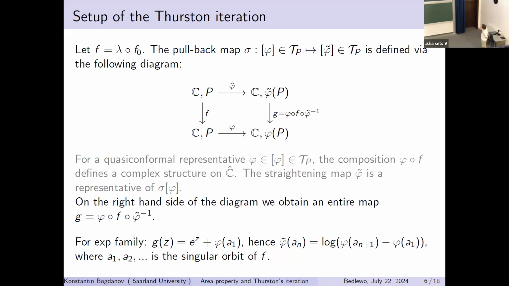It's not always possible to recover it easily because you don't know exactly which branch of the logarithm you need to take, but it's at least something. But the goal of this talk is to present some families of functions for which you don't need explicit formulas to do this Thurston iteration and to derive the existence of a fixed point of sigma. This is just for illustration.